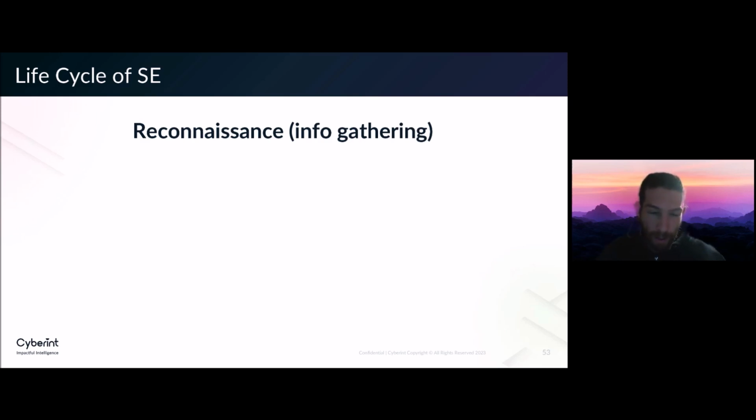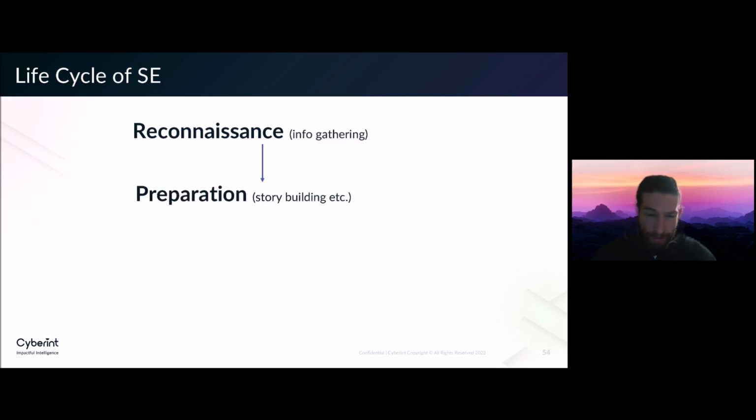Usually it starts with some kind of reconnaissance. The threat actor, the social engineer, starts by collecting info on the potential victim or victims by various means. Once they have enough information, they start to prepare based on the information they found.